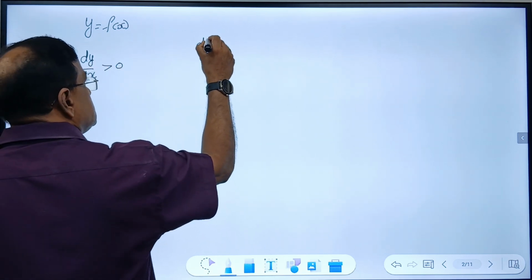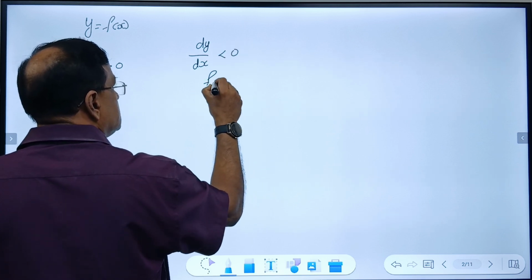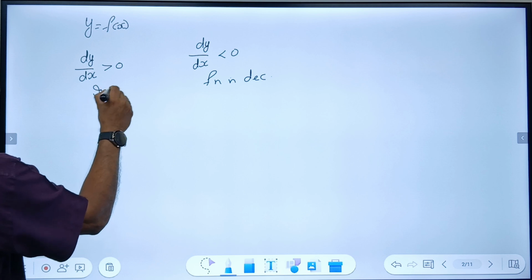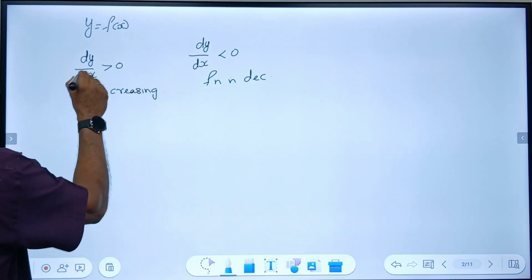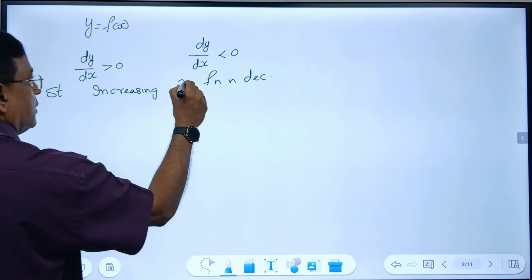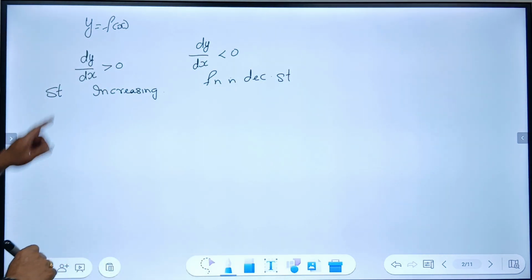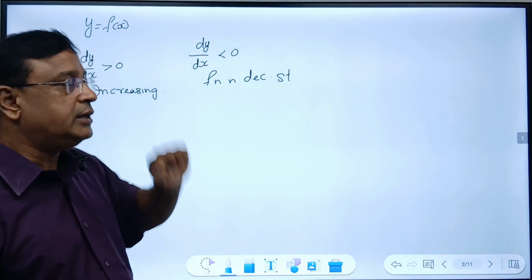If dy by dx is less than 0, you say the function is decreasing. When I say strictly increasing or strictly decreasing, it is as above. Suppose if it is greater than or equal to 0, you can say increasing. Less than or equal to 0 will be decreasing.